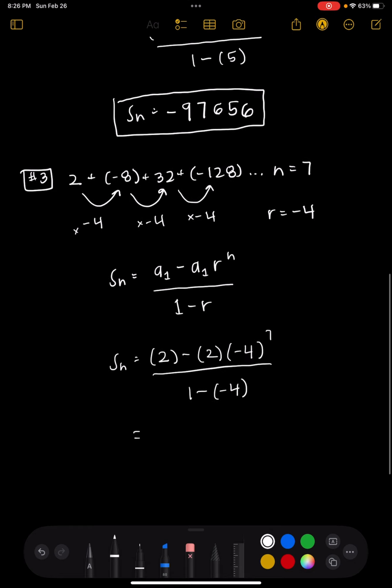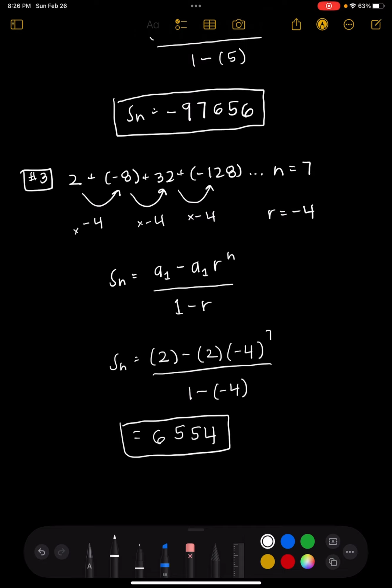When I plug that into a calculator, I get 6,554. And that is our sum.